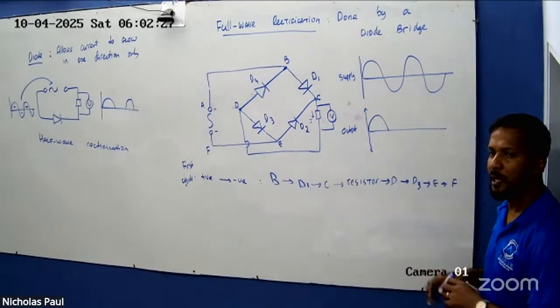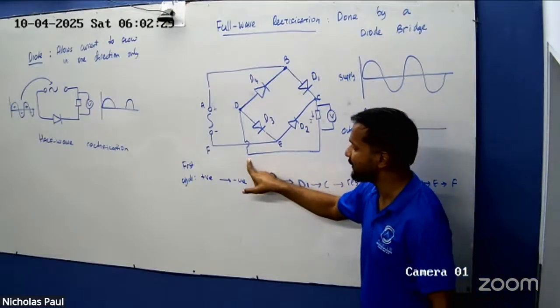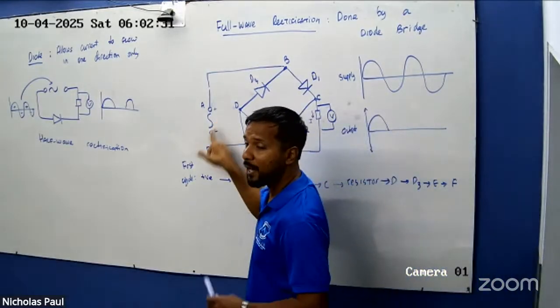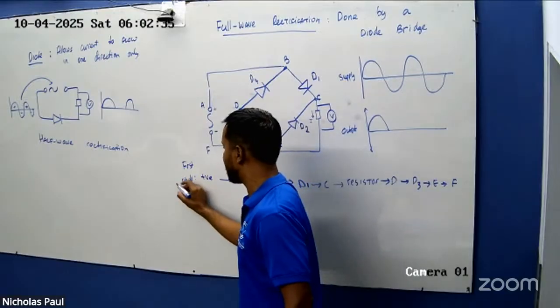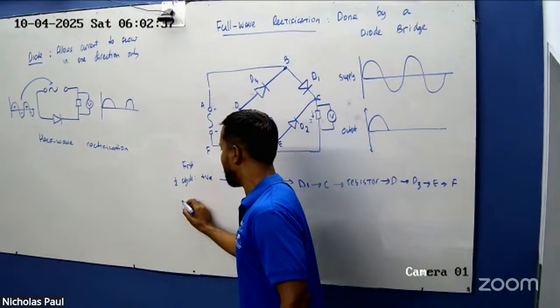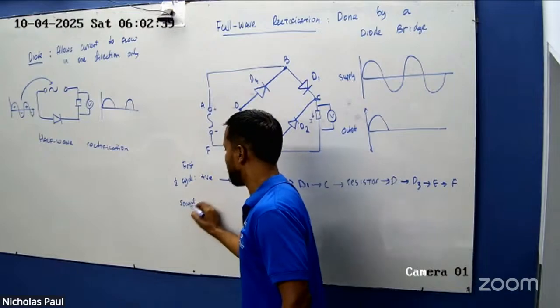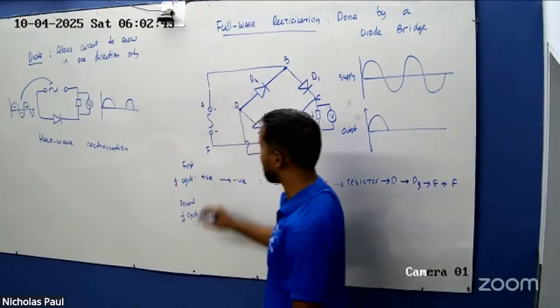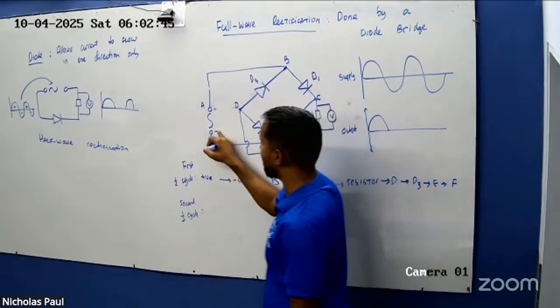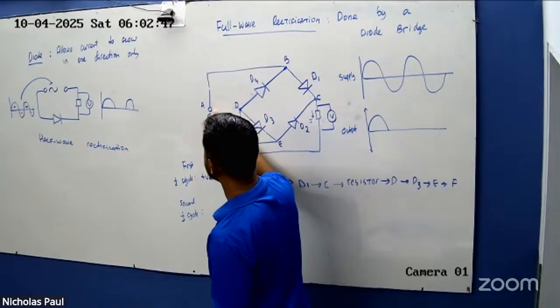I want somebody to come on the board now and tell me what will happen on the opposite cycle. First half cycle, and now the second half cycle. Same thing, but what is happening now? Down here is positive, up here is negative.